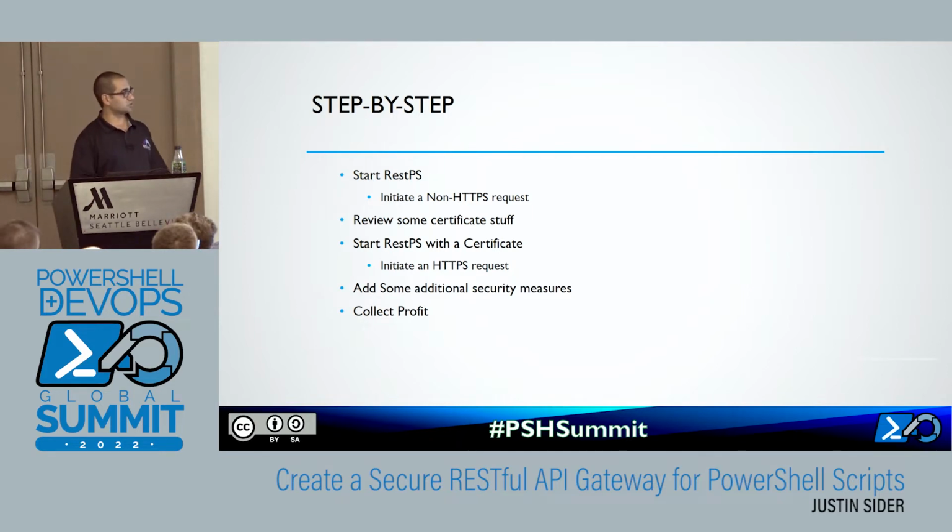We will add some additional security measures, such as validating that the client has a cert signed by the same CA. We will check whether they are on a CRL, and then we will add in a password or a token so you can have different layers of security, right? How you get that information is going to be up to you, and I provide examples in the module. And then we'll collect profit.